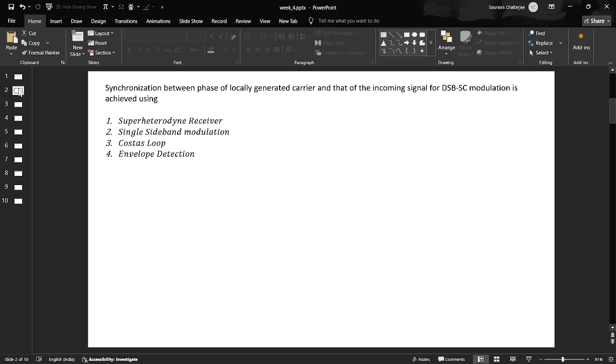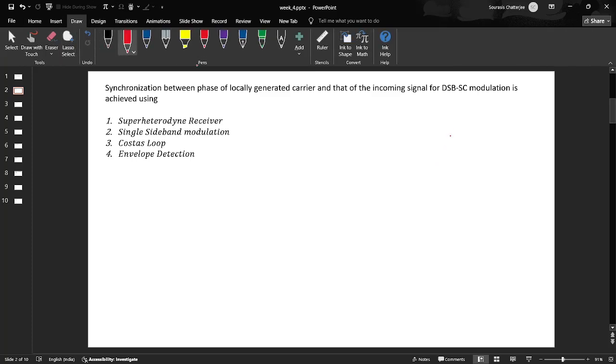Last time we discussed that one of the major issues with DSBSC modulation is that, as the name suggests, SC stands for suppressed carrier.